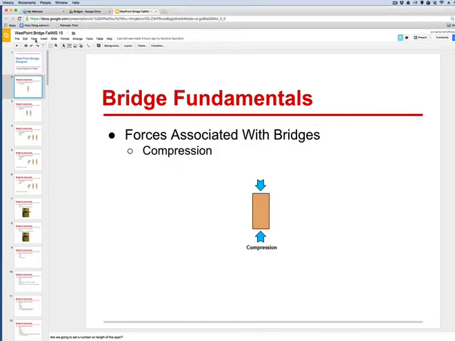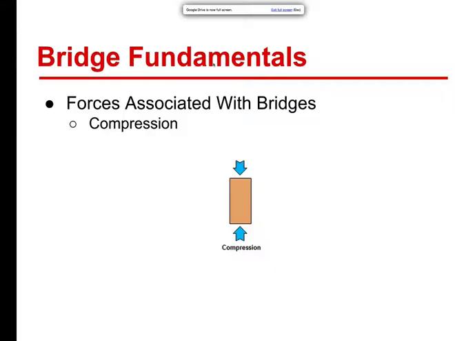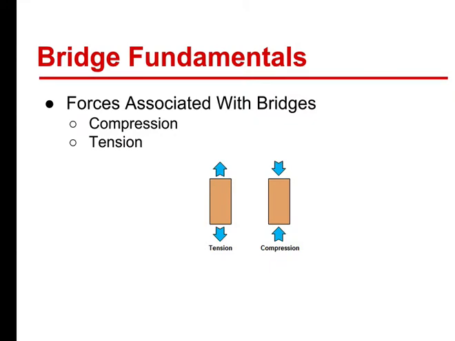Forces that are associated with the bridge: when you push, like standing up on a chair, that's called compression. If you pull it, it's considered tension. Think of holding a rope. If you want to use a rope to lift something, you have to pull the rope taut, don't you?